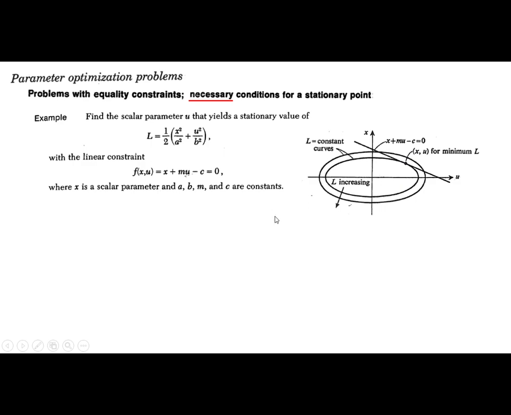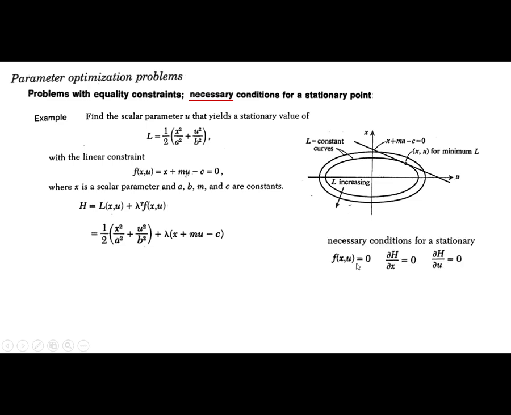However, analytically, we can compute such a point by, first, constructing the h function, which, in terms of the given functions, has the following form. Now we can use the derived necessary conditions for a stationary point, where we have the three conditions given as.